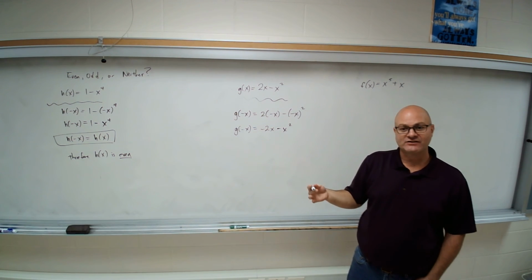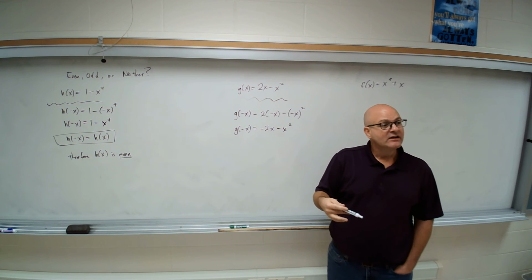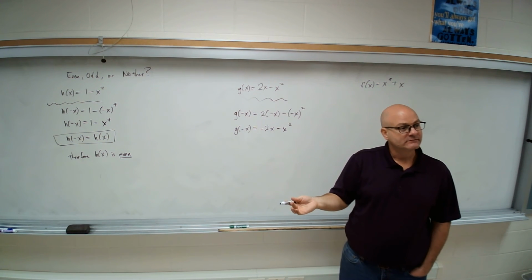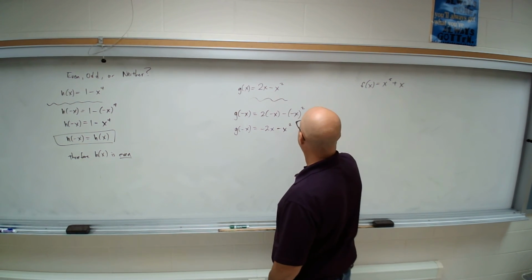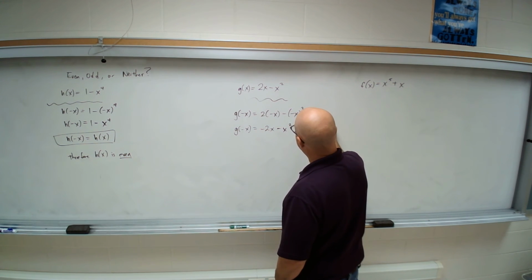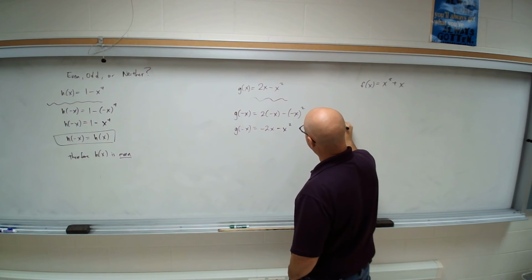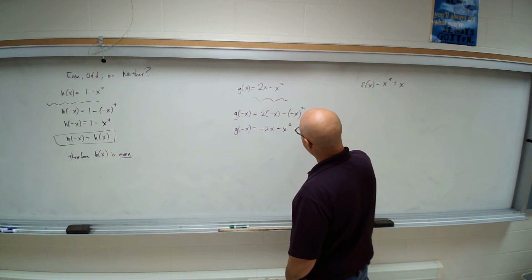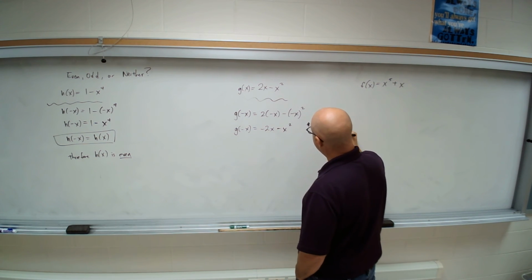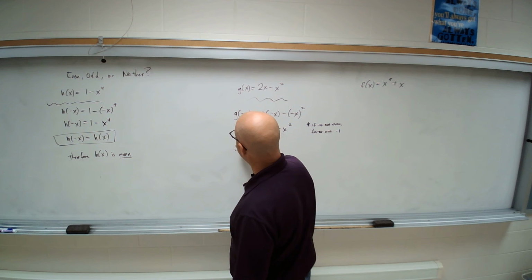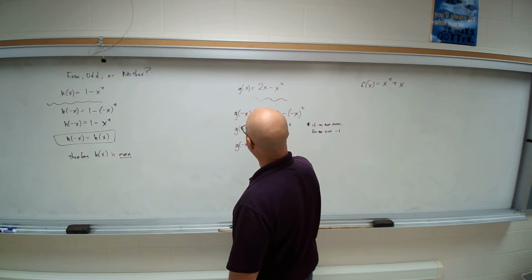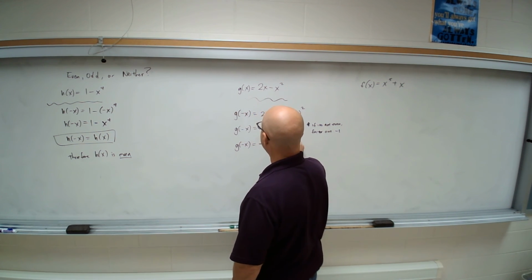If it doesn't match, which we'll see a lot, try to factor out a negative 1. Okay, so at this point, if it's not even, which it's not because it didn't match, factor out a negative 1. So my next step here would be negative and then 2x plus x squared.